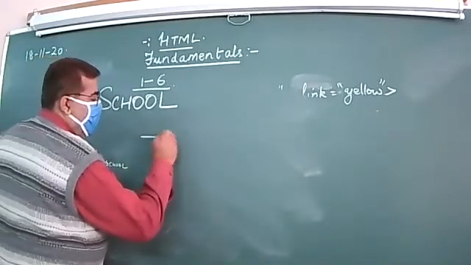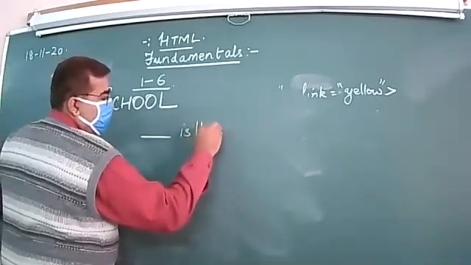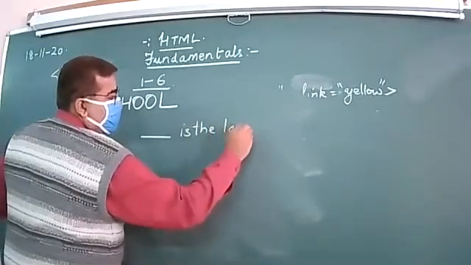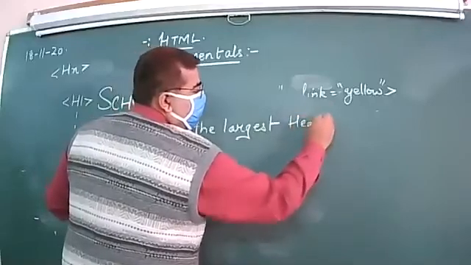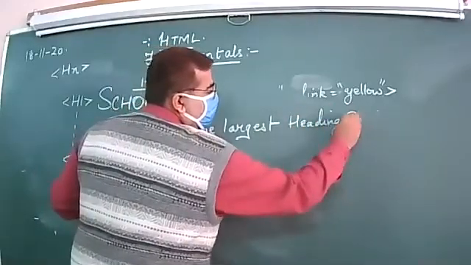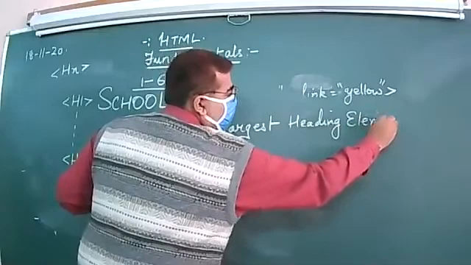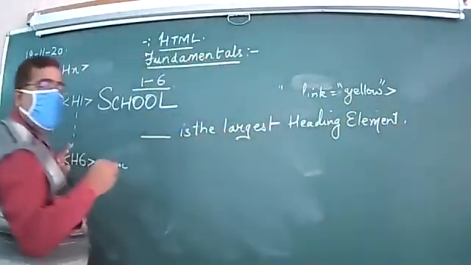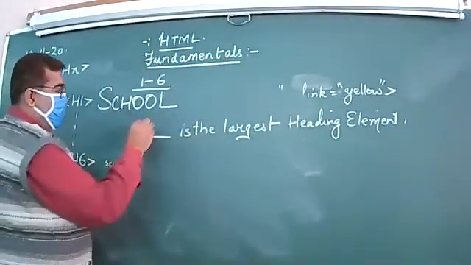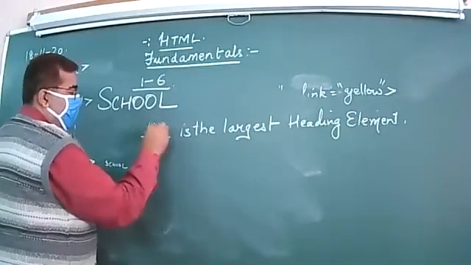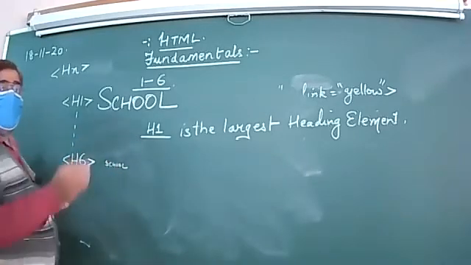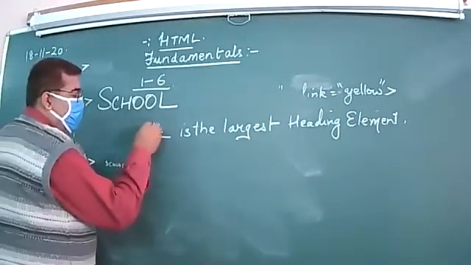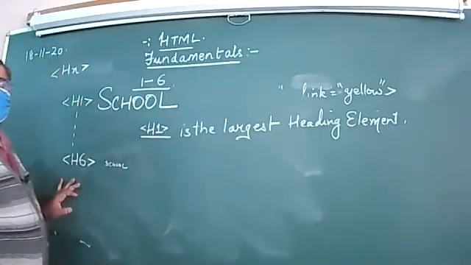Suppose you get a blank, dash is the largest heading element. All of you know the answer is H1, and many of you write it like this. It will give you half mark because it is a tag and a tag is always enclosed in angle brackets.